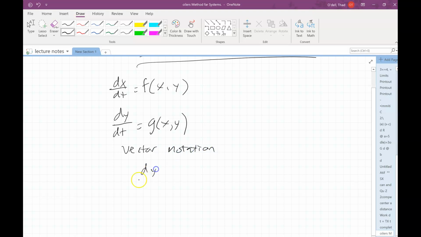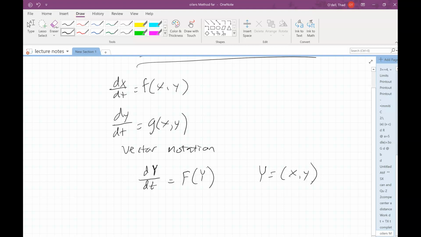That would look like this: dY/dt is equal to, oops, that's a capital Y. That's how we make the distinction: when we talk about capital Y, we're talking about the vector that involves both the x and y. And that's going to be equal to capital F of capital Y. And of course, capital Y is x comma y, the coordinates x and y.